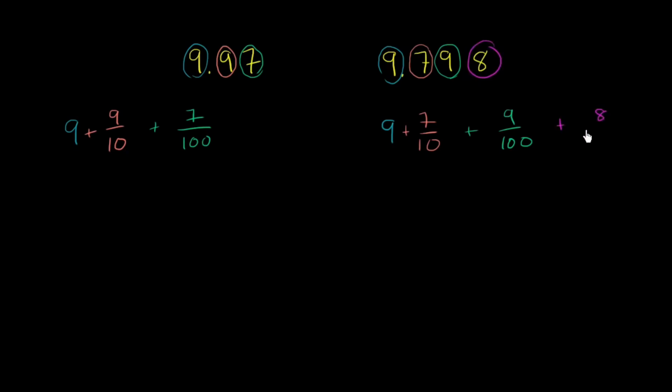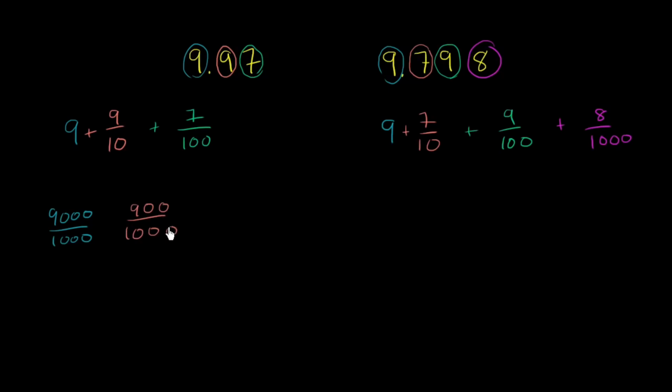So plus 8 over 1,000. So let's put everything in terms of thousandths so that we can add these all up and have 2 fractions over thousandths. So 9 is the same thing as 9,000 over 1,000. 9 tenths, well, if you multiplied it by 10, you would get 90 over 100.